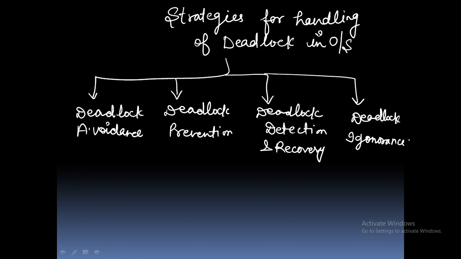First will be deadlock avoidance. In case of deadlock avoidance, we can say that this strategy involves maintaining a set of data, using which a decision is made whether to entertain the newest request or not.